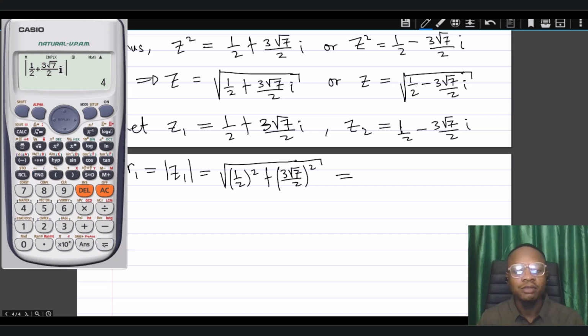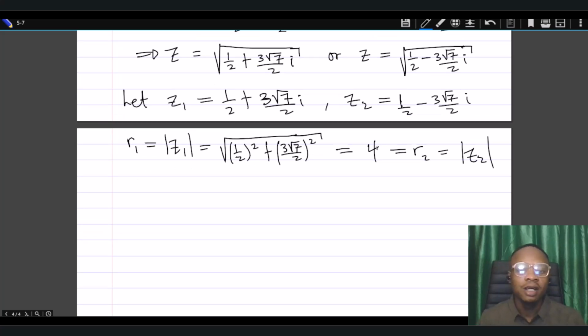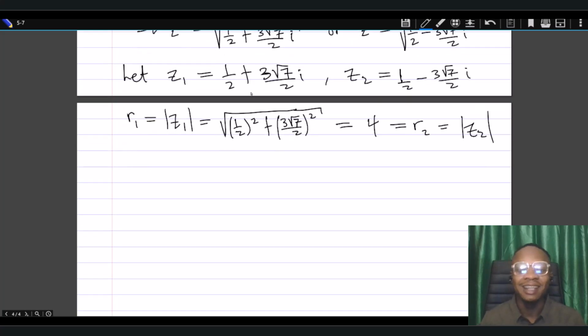So I want to get the modulus of this, so it tells me the modulus is 4. We're getting 4 from this. We know that is the same thing as r2, which is the modulus of z2. So they have the same modulus, the same moduli, if you like.